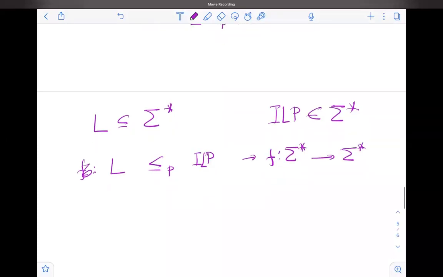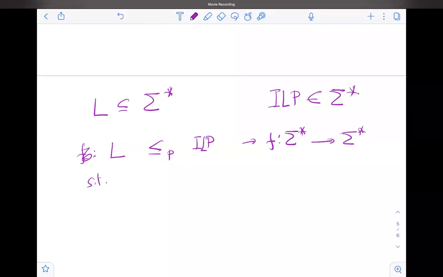Then a reduction from L to ILP is a function f from sigma star to sigma star such that for all x, x is in L if and only if f of x is in ILP.